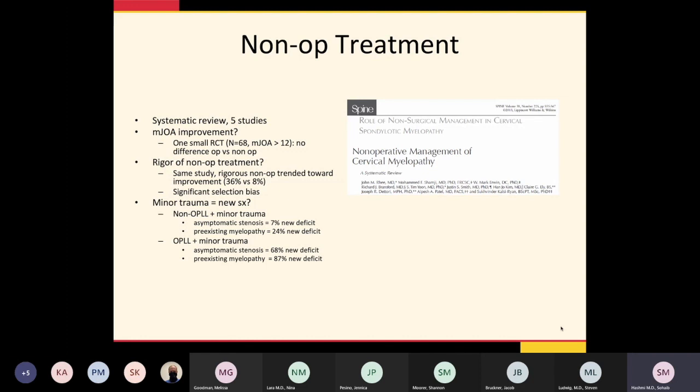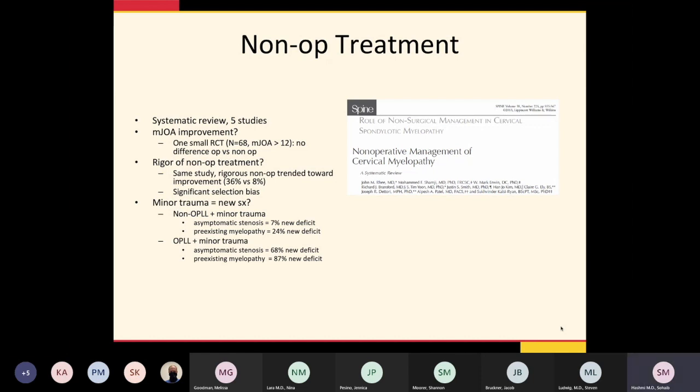So if there is trauma in these patients, that's the biggest thing to underline and know: with asymptomatic stenosis, 7% of those patients with non-OPLL had new deficit, whereas if you had a diagnosis of pre-existing myelopathy without OPLL, 24% of those patients had new deficit in the setting of a minor trauma.